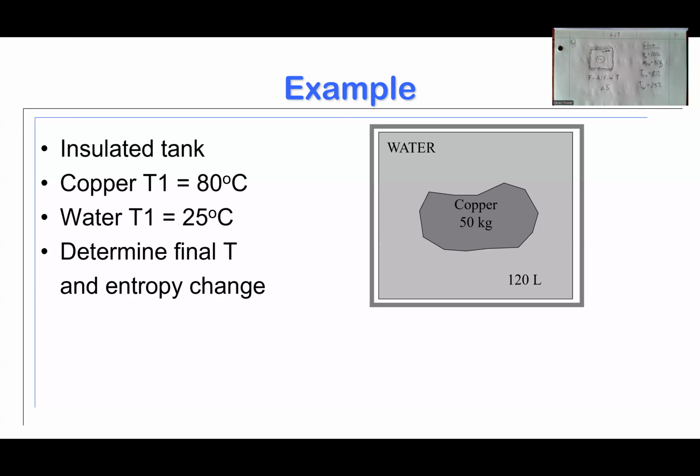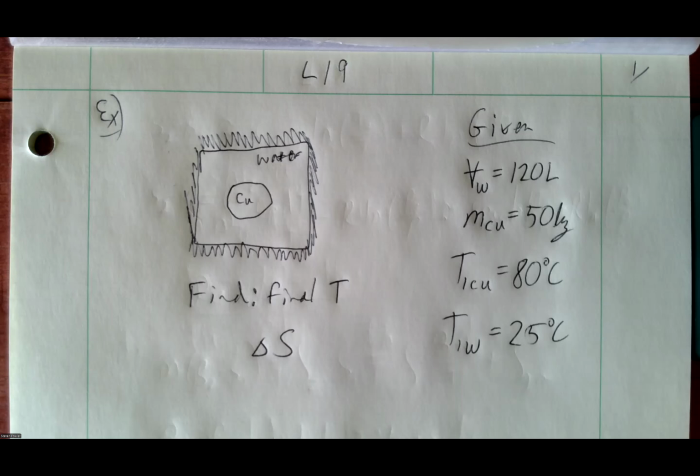It'd say that a large mass of copper is placed in an insulated tank with water at 25 degrees C. If the copper is initially at 80 degrees C with a mass of 50 kilograms, determine the final temperature in the water bath of 120 liters and also the entropy change for the process. That's what the problem statement would say, something along those lines.